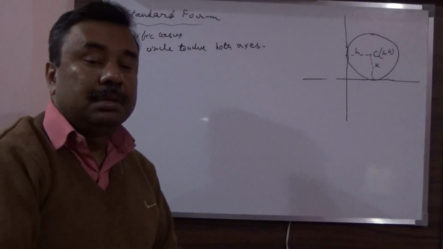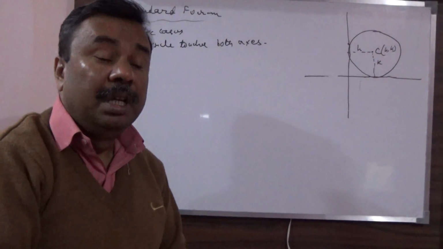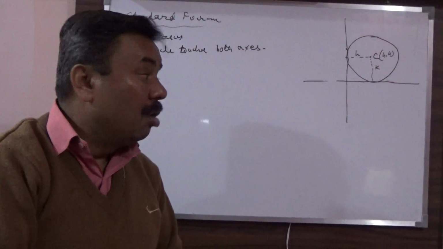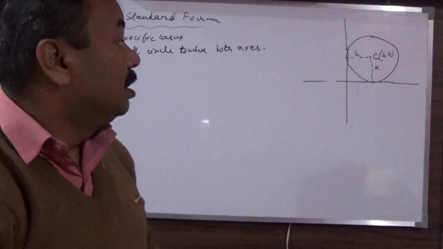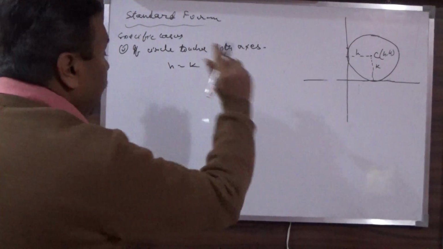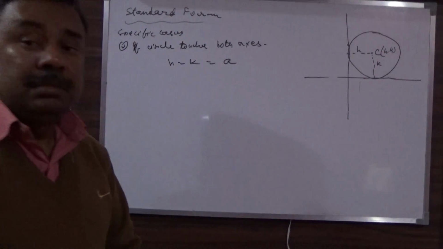But there is one specific condition hidden in this that you have to assume. What is that condition? That is, h will be equal to k and that will be equal to a, the radius of the circle.